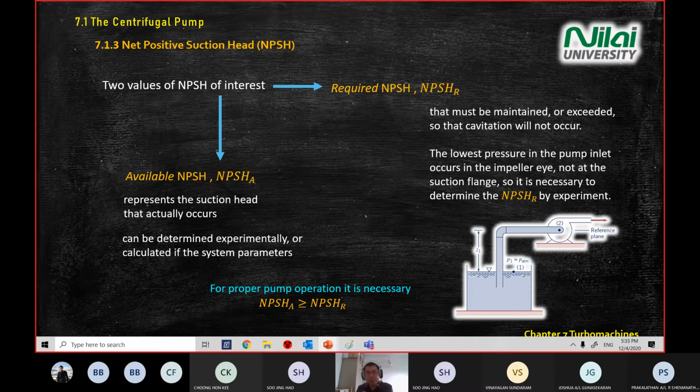Okay, so this will be the format when it comes to the online exam or open book exam. Again, remember, your available value must be more than your required so that cavitation cannot happen. Yeah, and the problem of cavitation, what is cavitation, you must understand. Okay, I already explained what cavitation is.